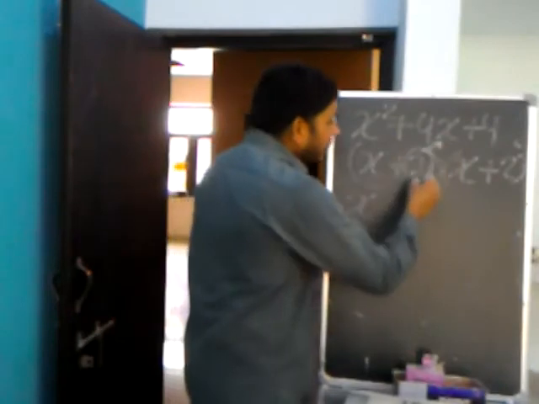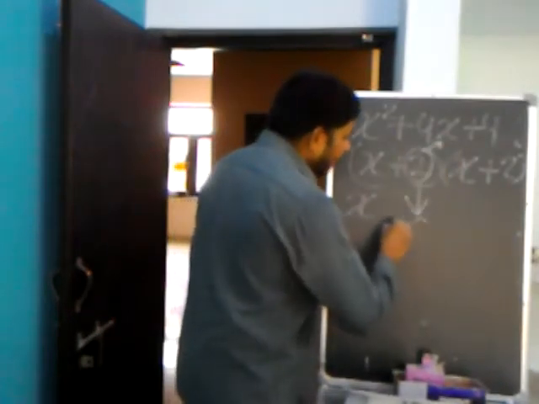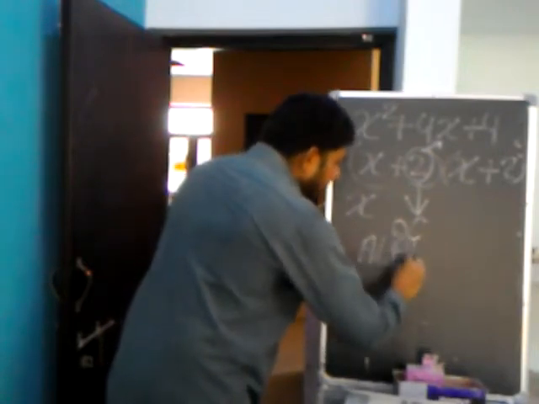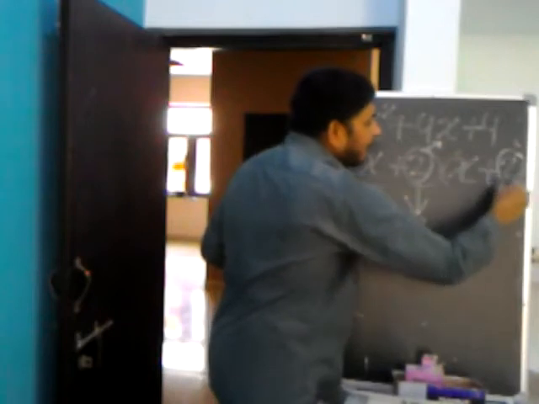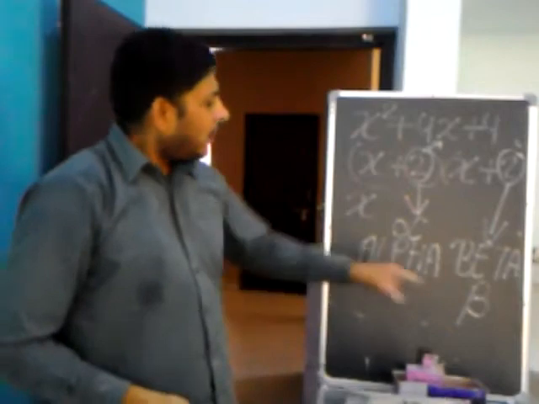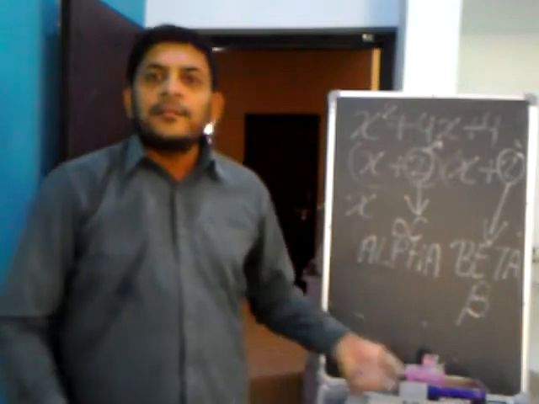this first one is called alpha, spelled A-L-P-H-A. And the second one is called beta, and its sign is like this, just like a B, where the line of the B is longer. This is beta.